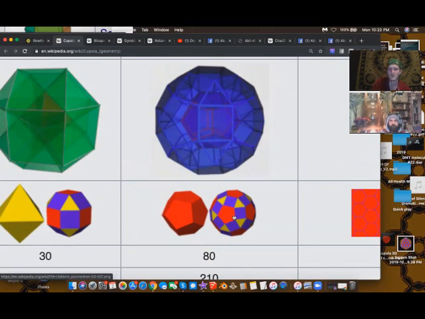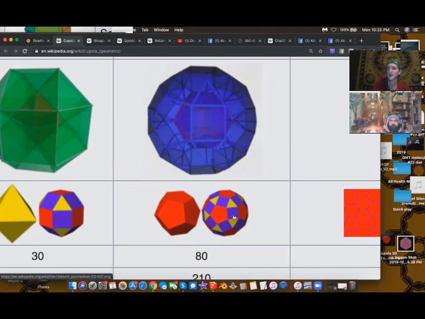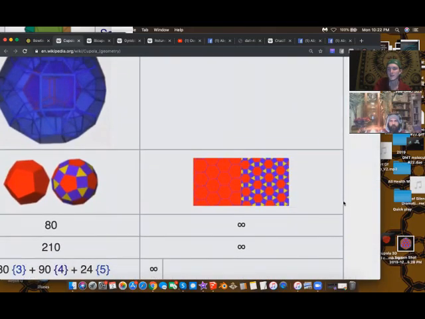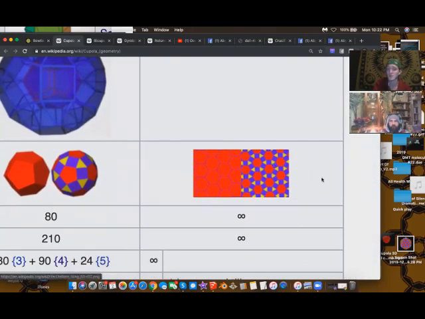But then this is where it gets really interesting. This is where I was coming to a dead end when trying to find solids that were either bisected, were a dodecagon, or had dodecagon faces. And I found this quite a while ago, actually, and it's rhombitrihexagonal tiling.